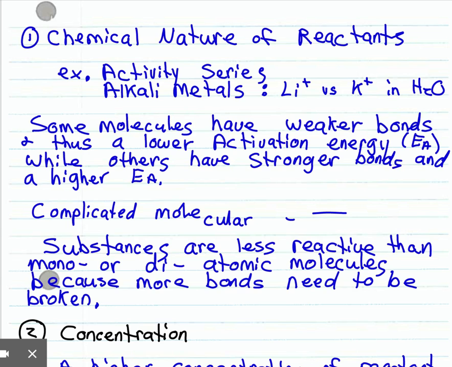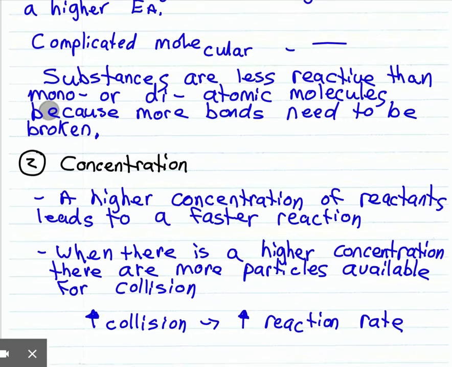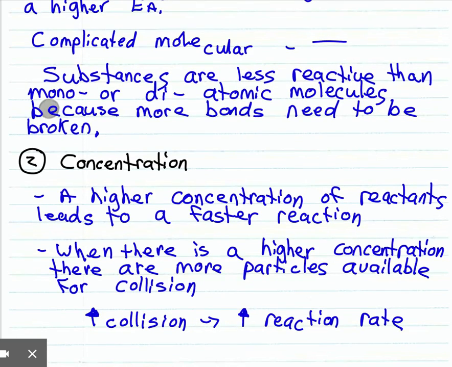All right, so this is new. The second factor is concentration. If you have a higher concentration of reactants, it's going to lead to a faster reaction. This is because when there is a higher concentration, there are more particles available for collisions.